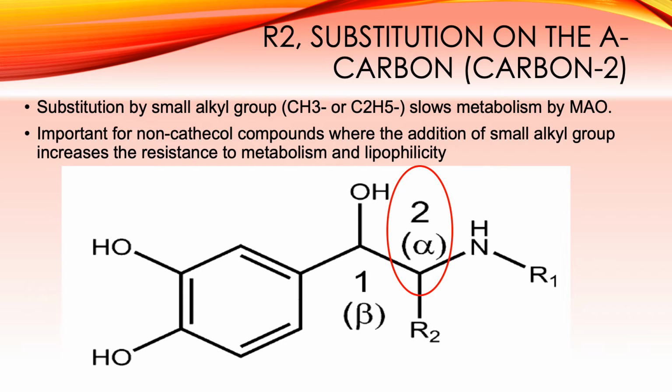Now, for non-catechol compounds or synthetic compounds that are used as adrenergic agonists, our manufacturers add a small alkyl group in our R2 in order to mimic the natural catecholamines, which have methyl or ethyl in their R2, so that they can have increased resistance against metabolism, and also an improved lipophilicity.